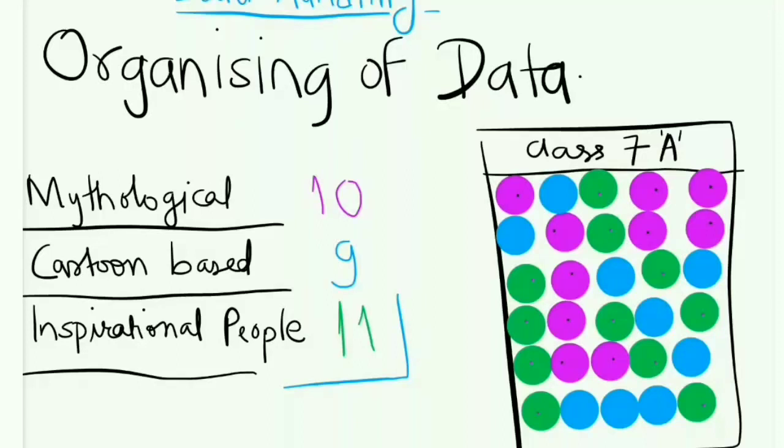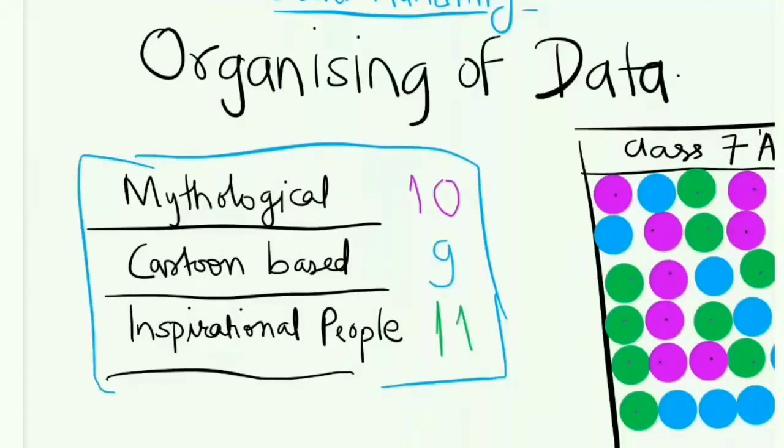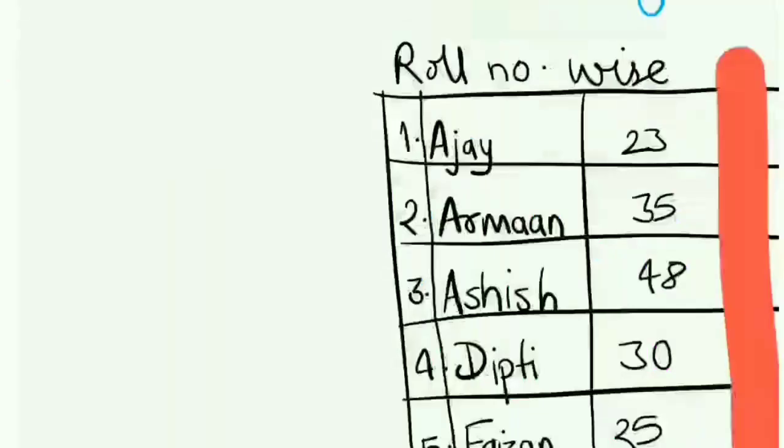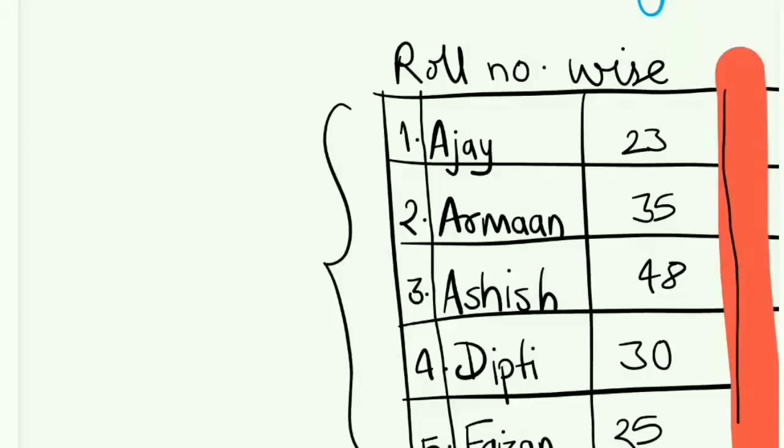In this way, if we organize every data that we have in some easily representable way, it will be easier to take inference from it. Inference, that is, conclusion from it. Now, these are the students of a class arranged roll number wise, roll numbers 1, 2, 3, 4, 5, and these are the marks obtained by them in mathematics out of 50.